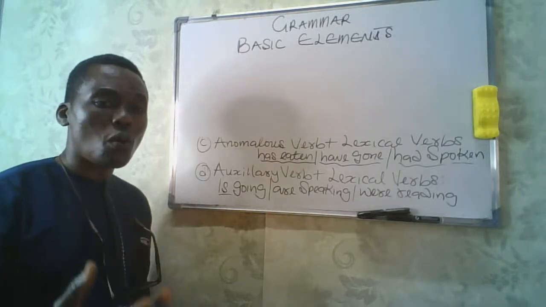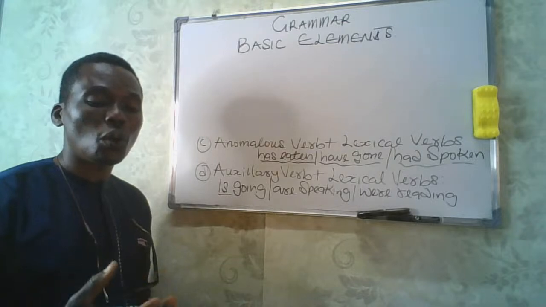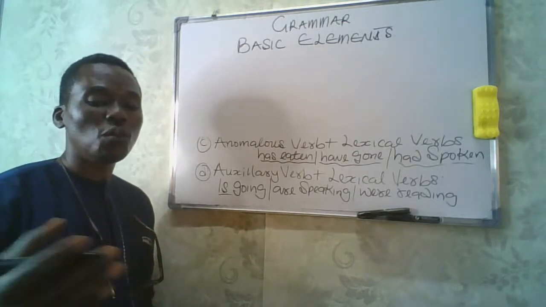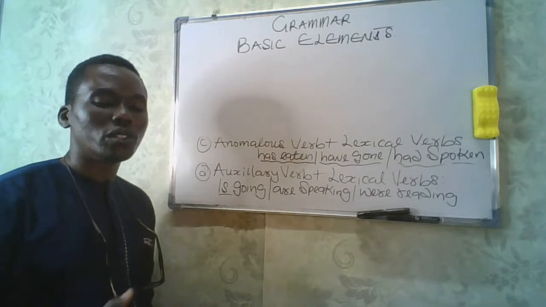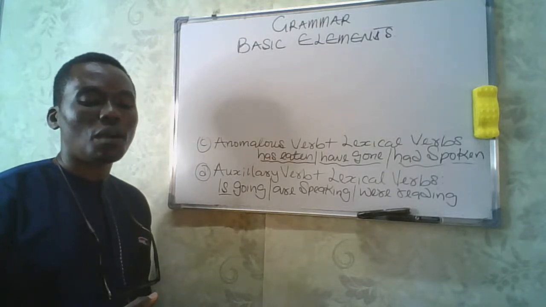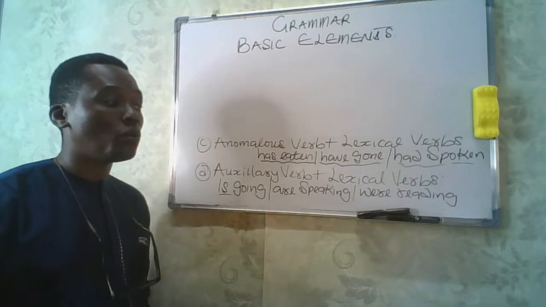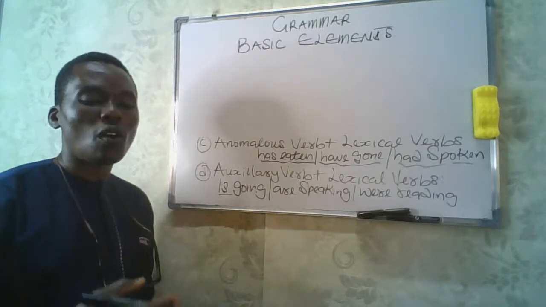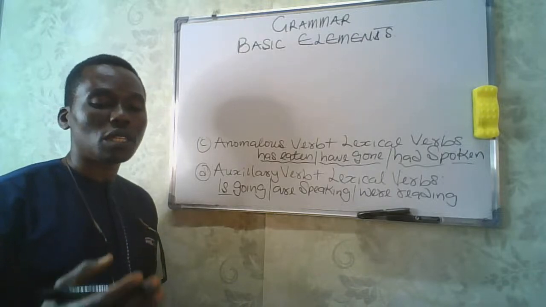So when you see was in any sentence, you should know that that is a what? That is a verb. She was here yesterday. Was is a verb. Is a verb. All these are primary auxiliary what? Verbs.